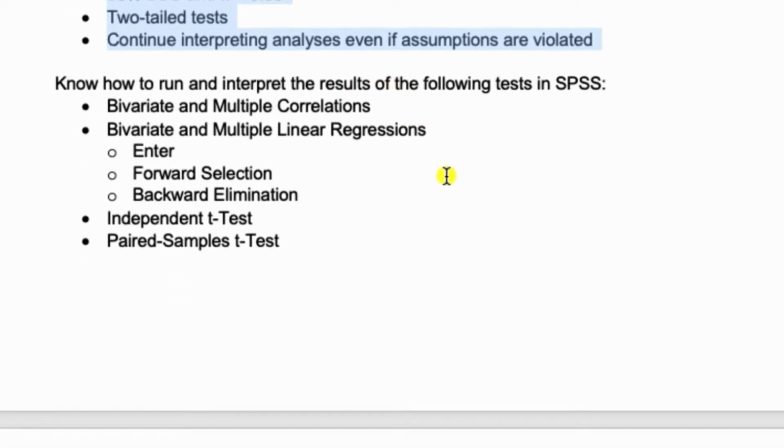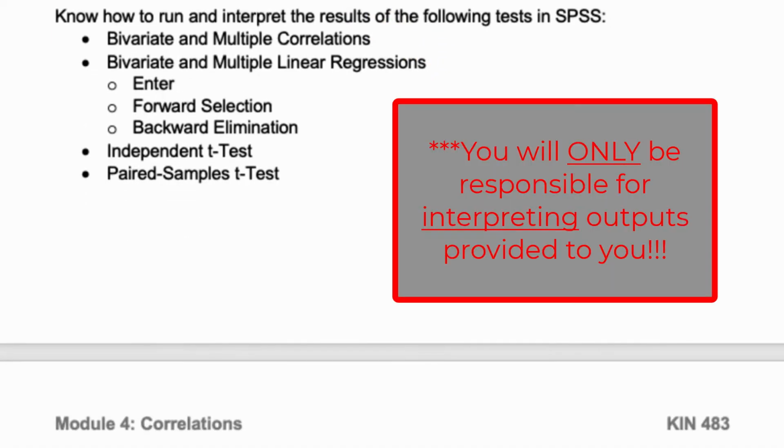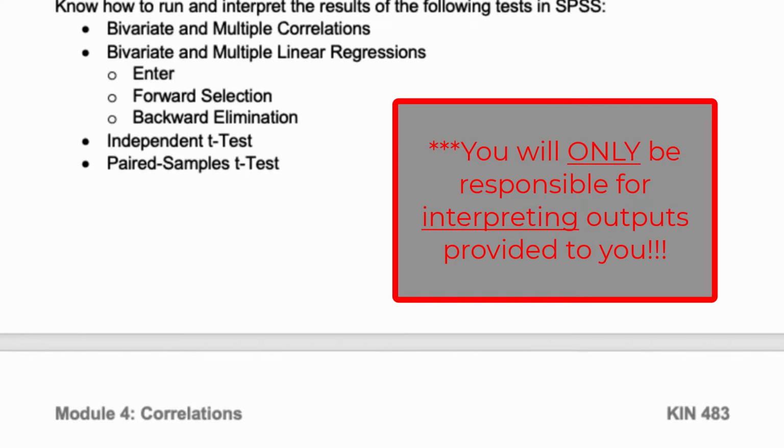For tests that you should be able to run in SPSS, that will pretty much be the scope of tests that we covered in this module set. So we had bivariate and multiple correlations, which is pretty much just running a linear correlation in SPSS and then being able to read the correlation matrix that SPSS gives you, which has an R value and a P value.